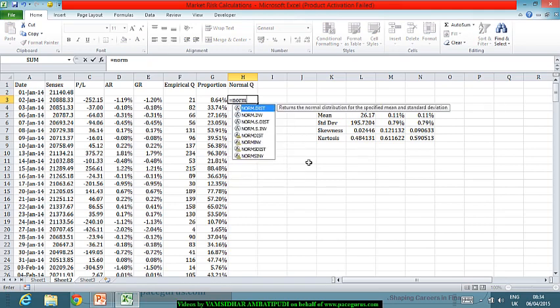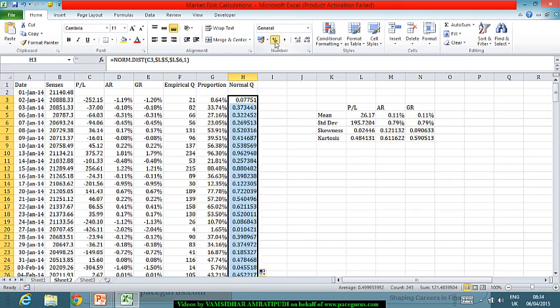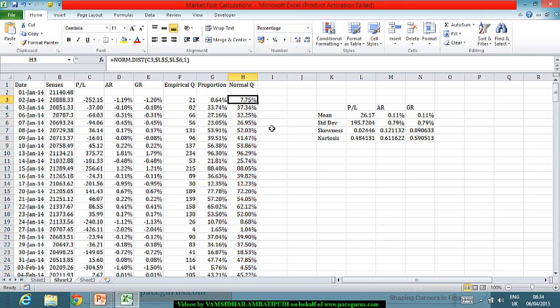If it is a normal distribution, the area for this particular value, when the mean is around 26.17 and the standard deviation is around 195, and we are looking at it on a cumulative basis, I say that this should correspond to the 7.75 percentile of the observations being below this.